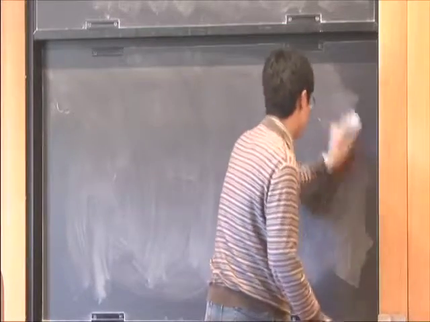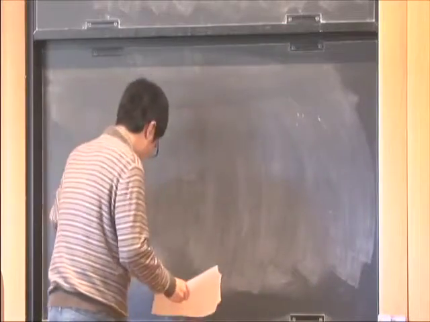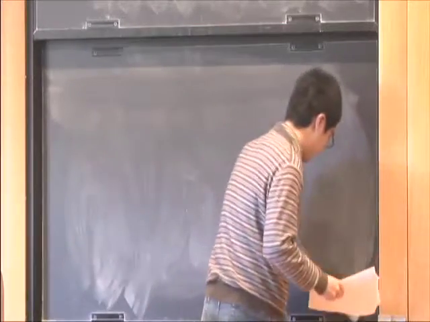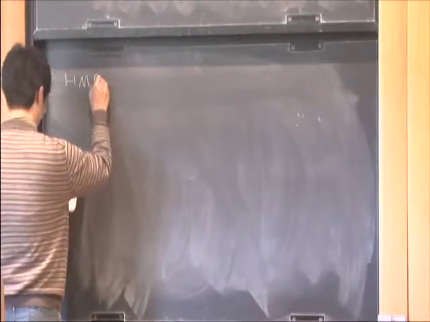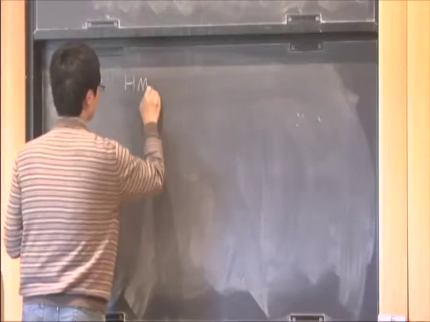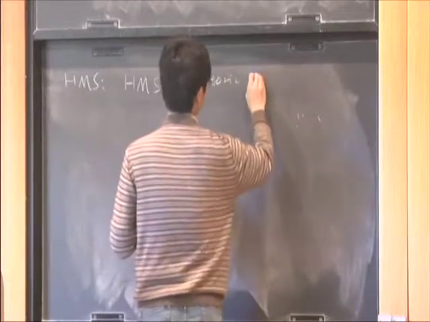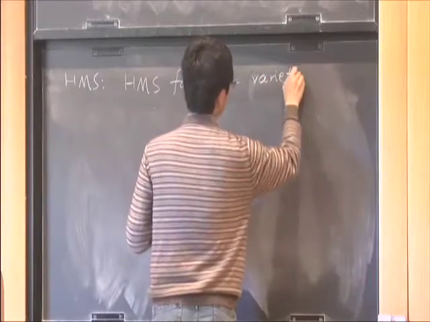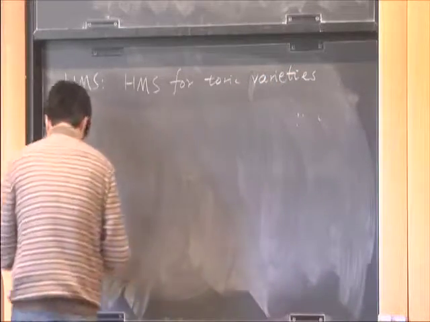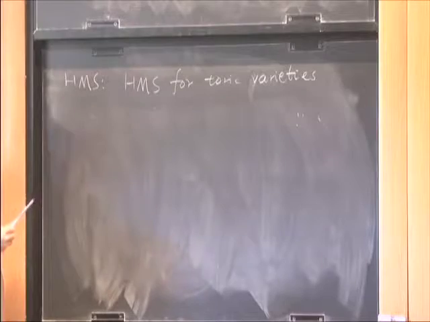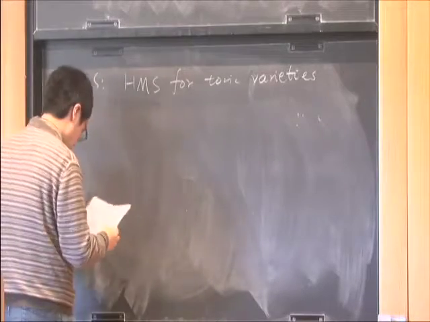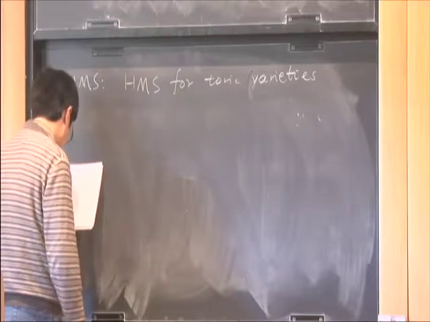Now let's shift gears and talk about the application of this correspondence to homological mirror symmetry. Homological mirror symmetry for toric varieties is of course a very long story, and a lot of people have made great contributions to this, and many of them are sitting here.